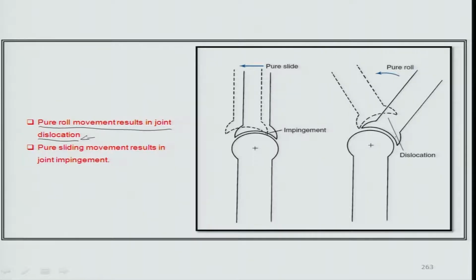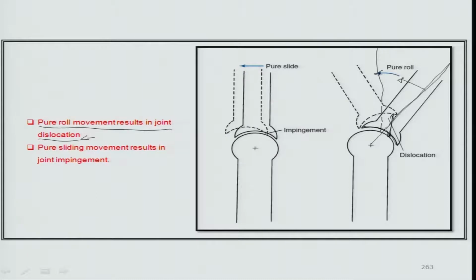Let us say you are just rolling about the vertical axis, and there is a rolling motion of this particular joint which has this convexity here, without any sliding motion. Then obviously there is a separation which happens, for the roll to continue in a pure roll manner if there is no translational motion. So, the ideal situation would be that while rolling it also slides over one another, so that such separation, as you can see here, does not get introduced by pure roll.